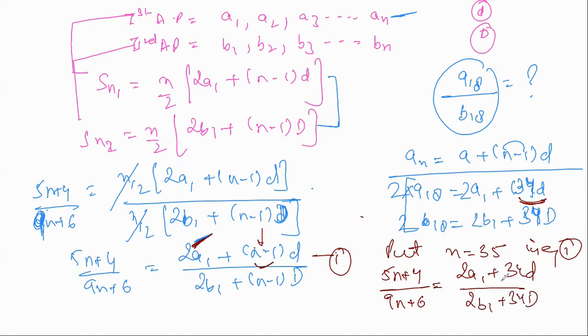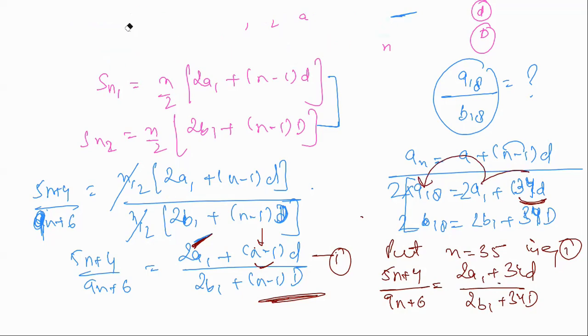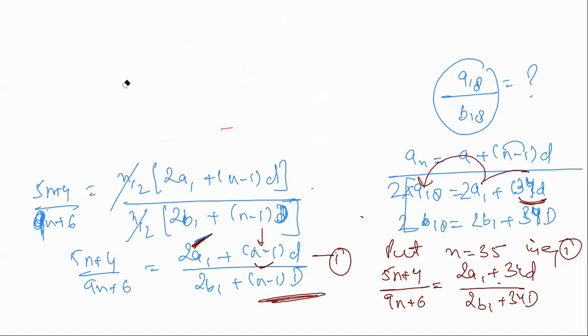Now, when I put n as 35 in this sum ratio, 2A1 plus 34D is equal to this one. Okay, now I'm putting the values, everyone.